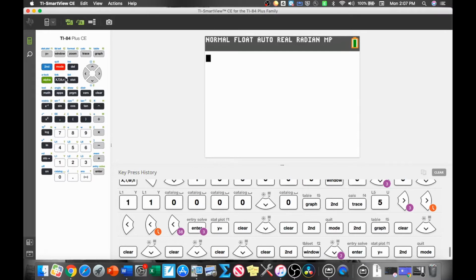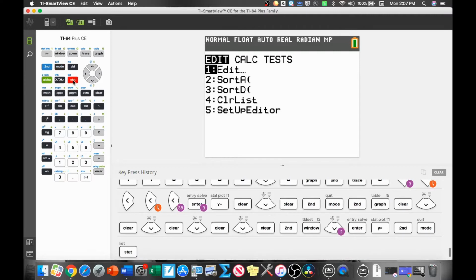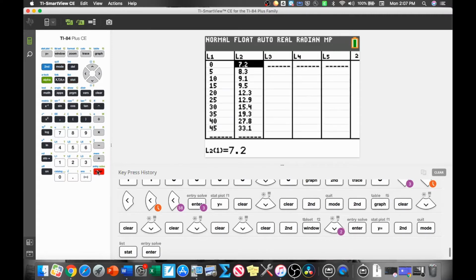Your stat key is right here. So stat, and then edit. We're going to click edit, and right here is your table. Now you may or may not have anything in here, but you can use your arrows to move around in the table, and if you have something in there that you want out, you can just go to L1, hit clear, and hit enter like I did.